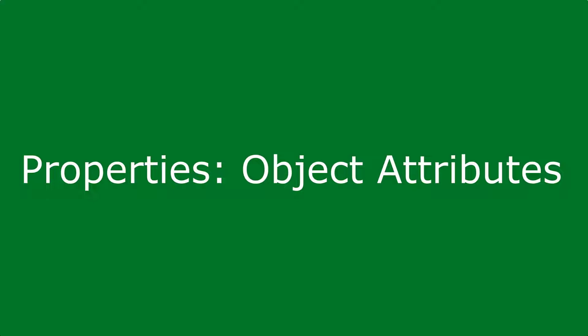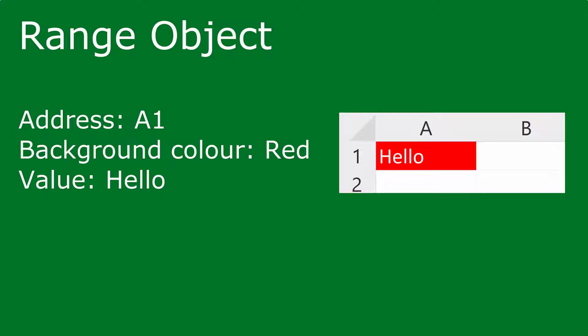In VBA terminology, think of a property as an attribute of an object. Each property has a value, so for example, the range object has an address property, and the value of that property is the address of the cell, such as A1. The range or cell has a background colour property, and the value of that property is the colour of the cell.